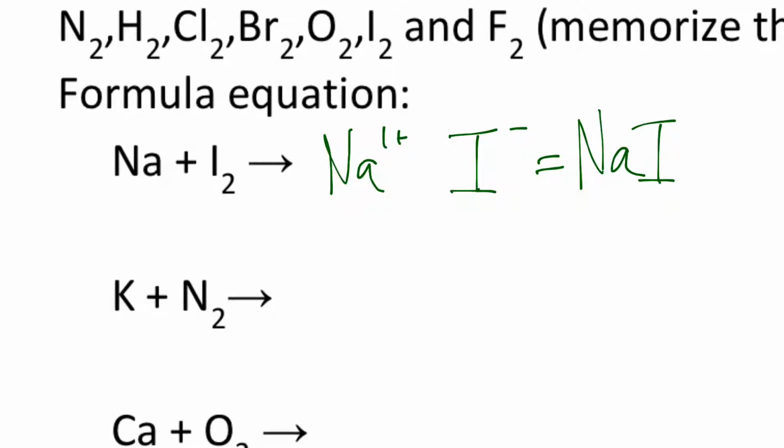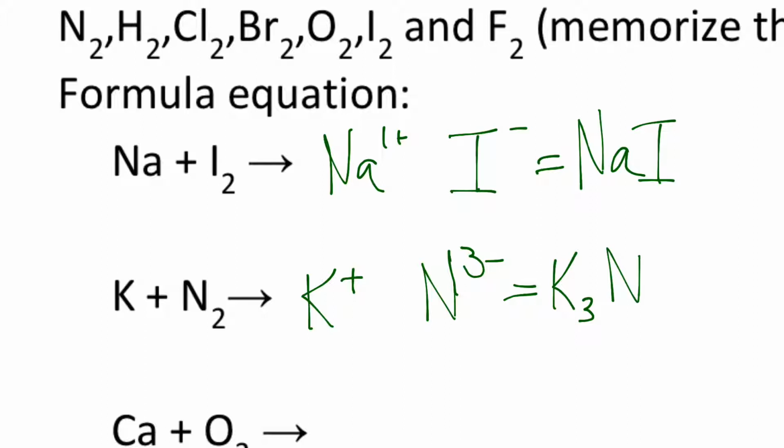Down here we have potassium with its positive charge, and nitrogen, which makes a 3 minus charge. So in crossing the charges from the superscript down to the subscript, I have 3 of the potassiums and 1 of the nitrogens.